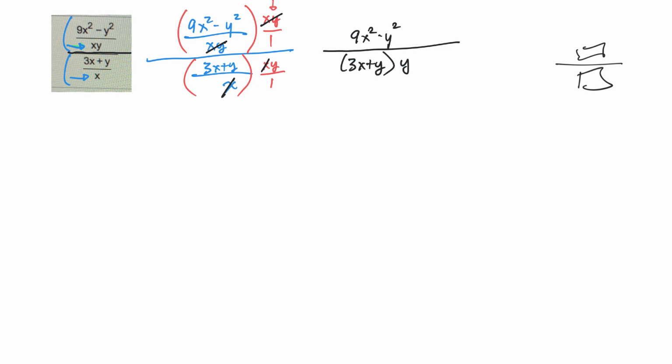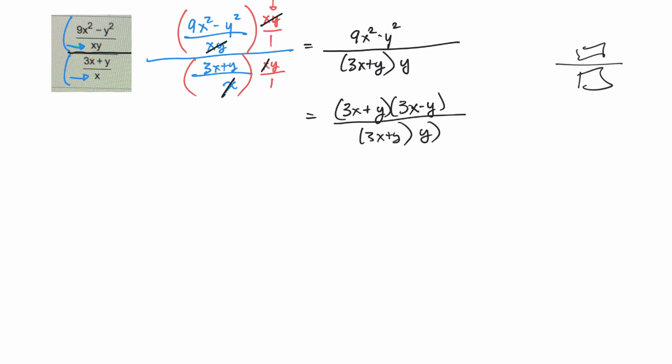Now the top thing is looking a little fishy to me. I think that I can factor that top. It's a difference of squares. So I'll split the 9x squared into a 3x and a 3x. I'll split the y squared into y and y. And one will be plus and one will be minus. All over 3x plus y times y.